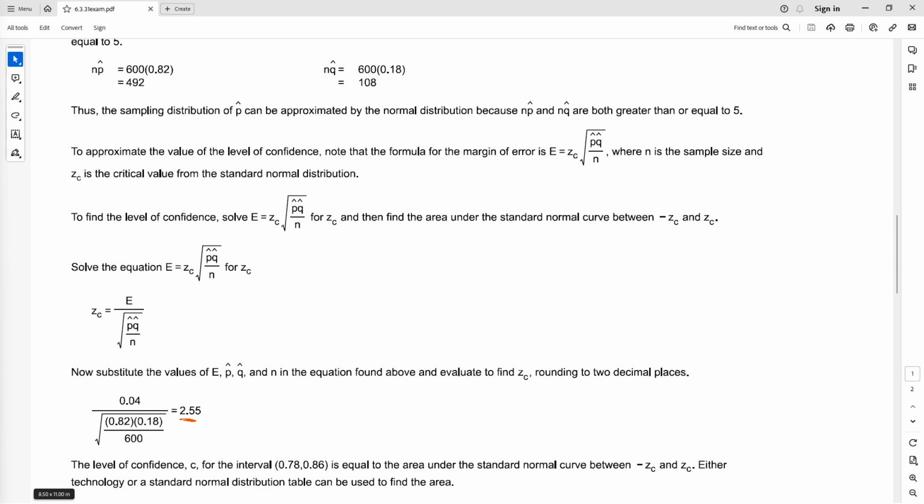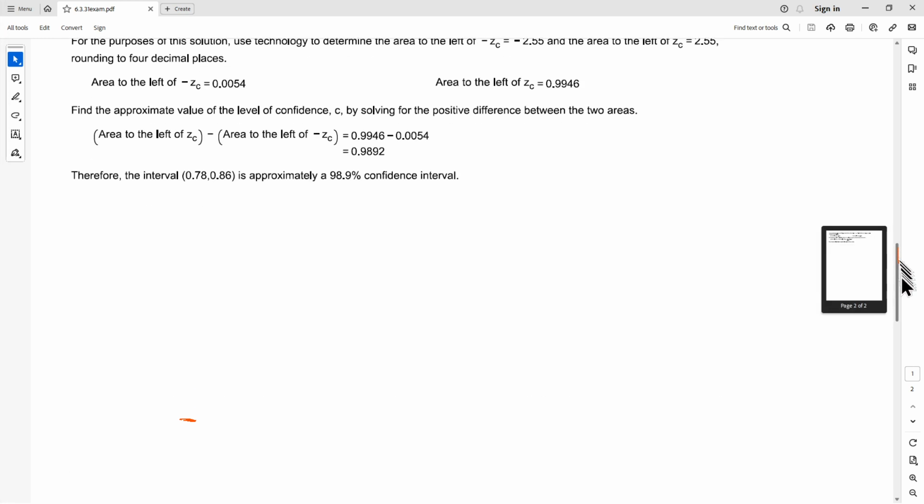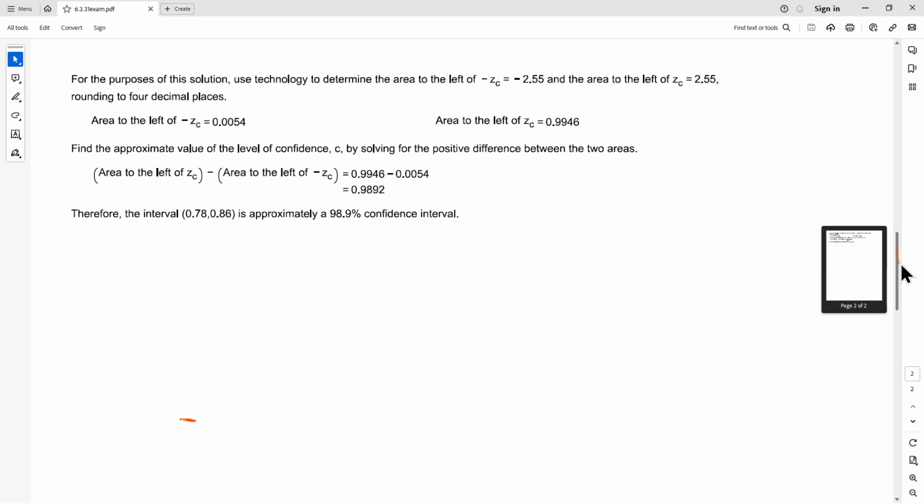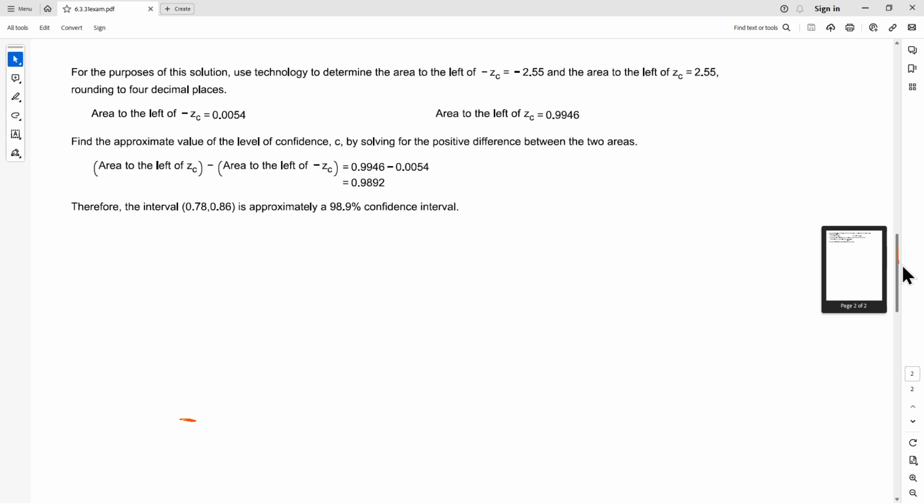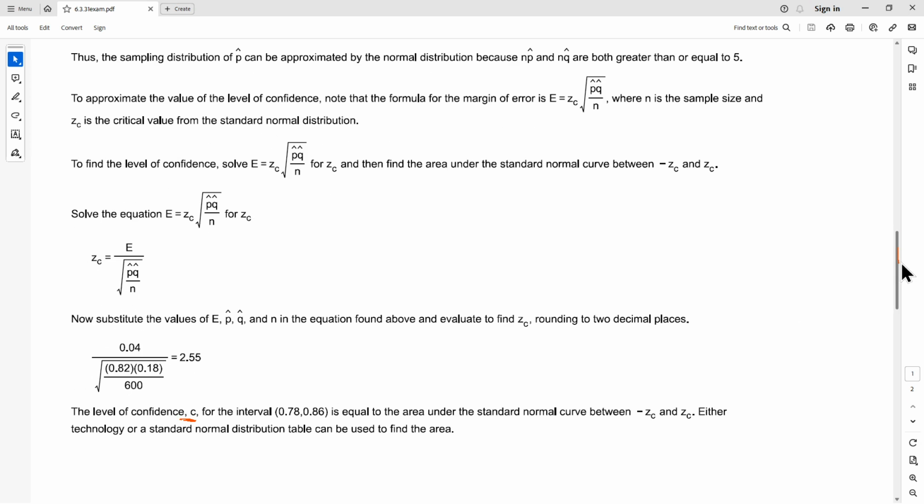And if you remember, the z-score matches up with a particular probability, or confidence level in this case. So we're looking for the level of confidence for the interval.